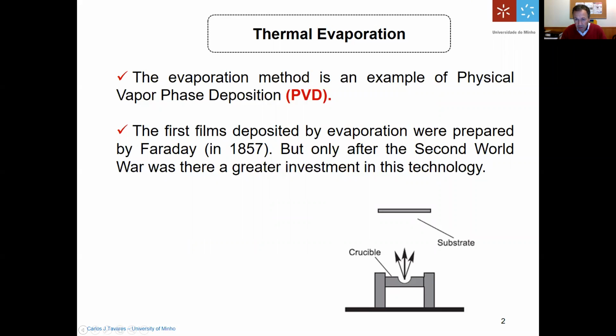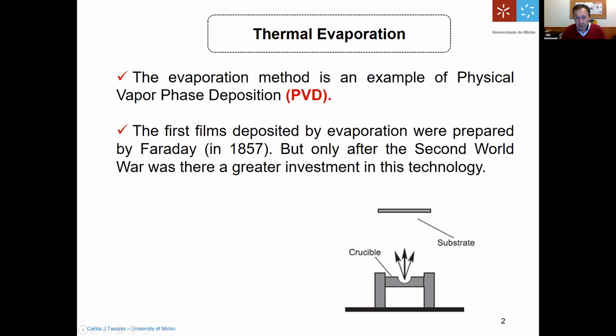Basically, what you have in thermal evaporation, you have to have a crucible or a boat or a filament where you put a material which will be melted, and after melting, the material can go directly from the solid state to the vapor phase, or it can go to an intermediate liquid phase.